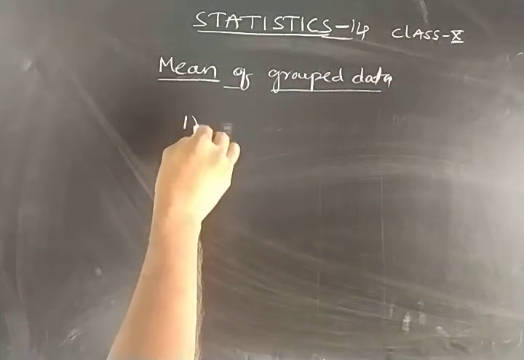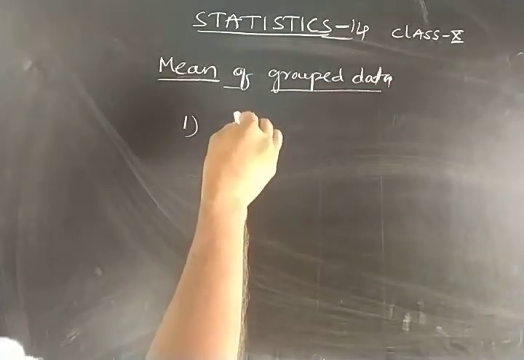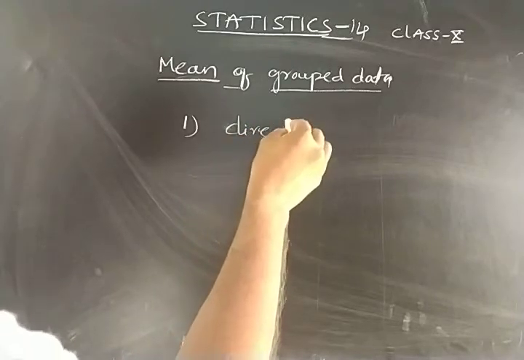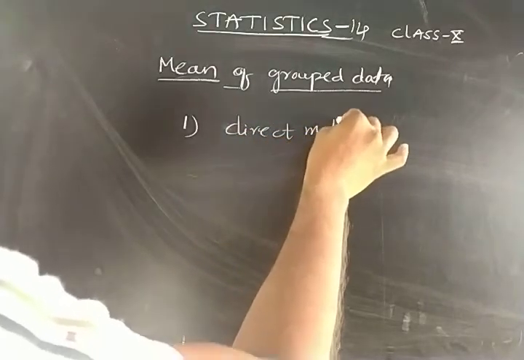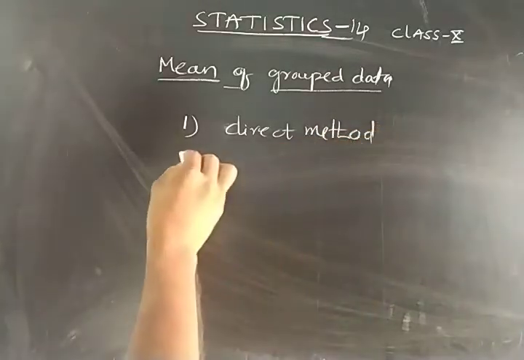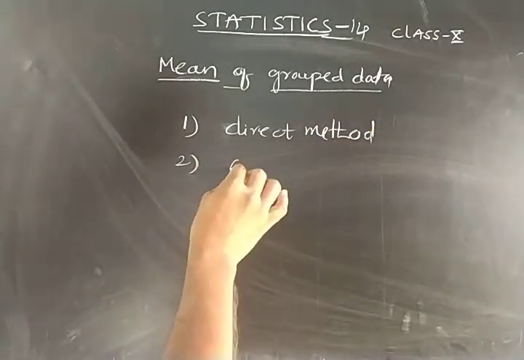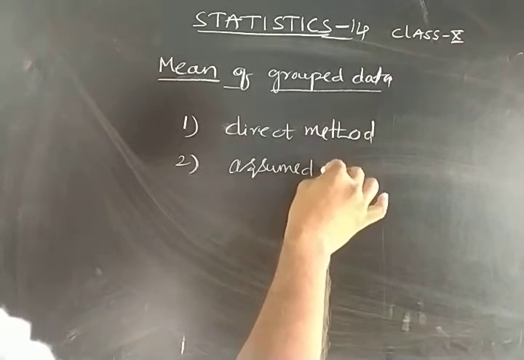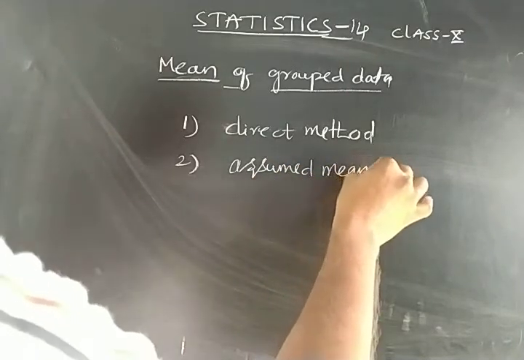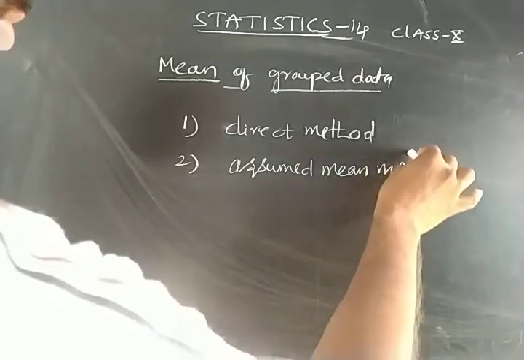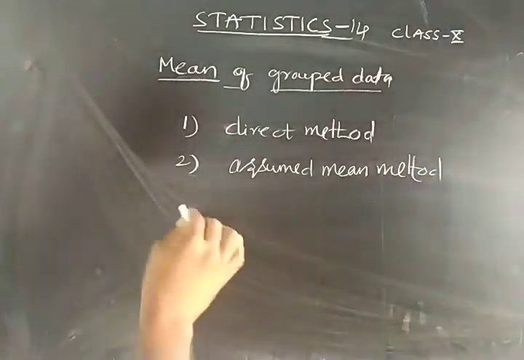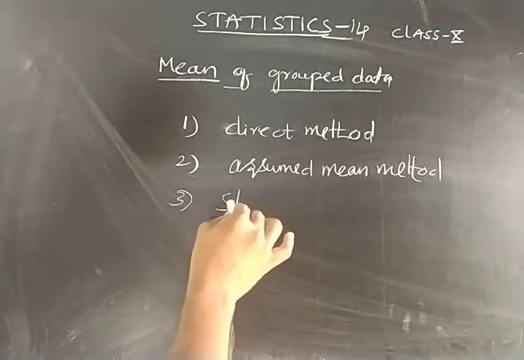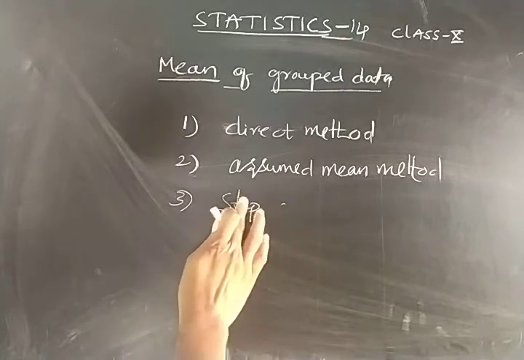First one, direct method. Second one, assumed mean method. Third one, step deviation method.